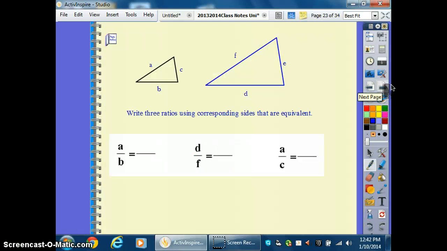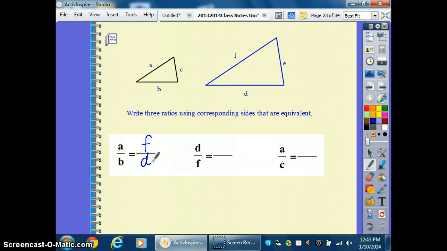Now, there are many different ways to set up proportions, and I just thought we'd look at a few of them that are acceptable. So if I say, well, let's compare A to B, what ratio could I write that is equivalent from A to B over in the big triangle? A to B, wouldn't it be F is to D?